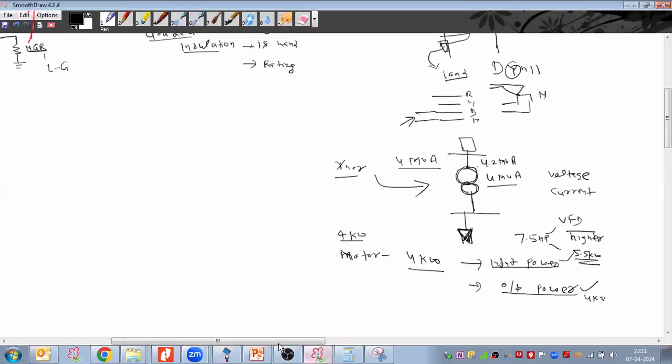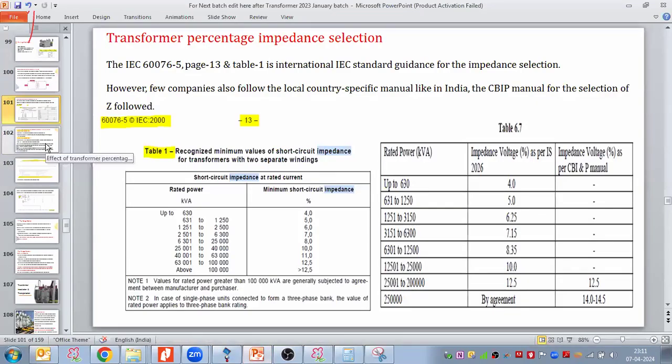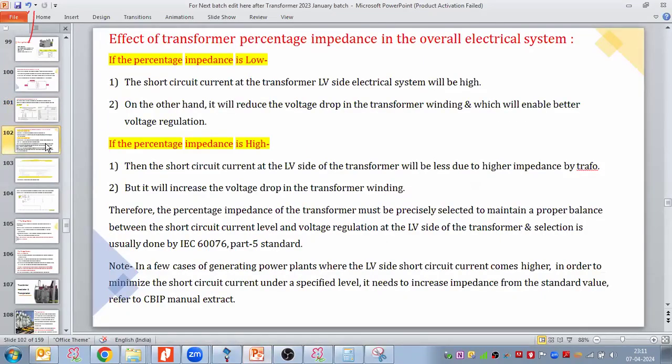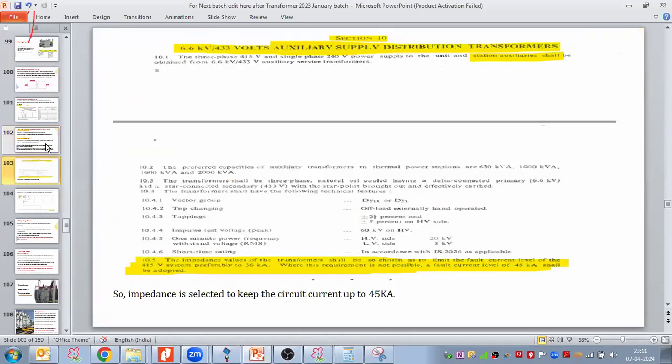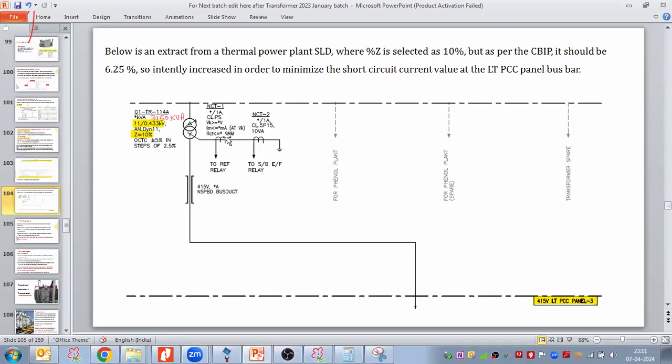So when the short circuit current is coming very high, we can alter the impedance. In this particular case, I have taken the extract of the project in which the percentage impedance is written as 10%.